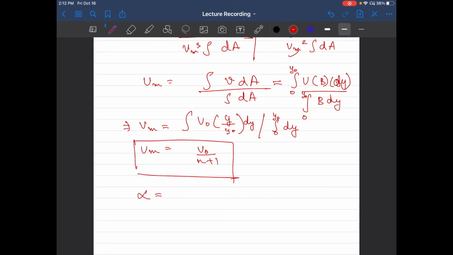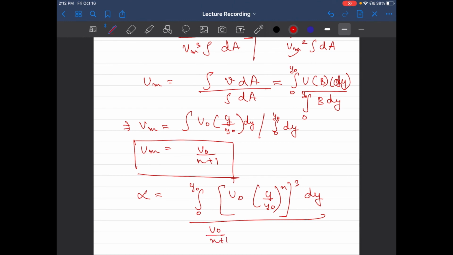So our alpha now can be worked out as integration from 0 to y naught of v cube, which is v naught into y upon y naught raised to n, this entire thing raised to power 3, into dy, divided by v naught divided by n plus 1, its cube, integration from 0 to y naught into dy.